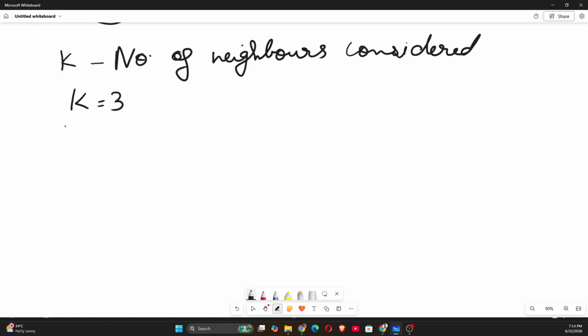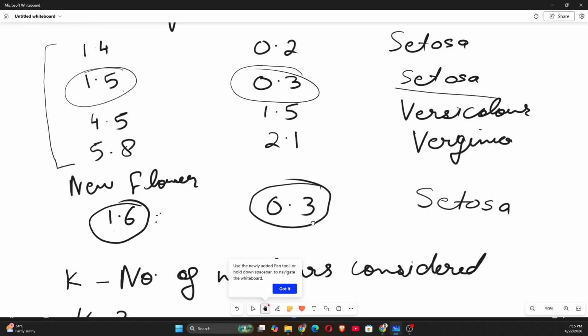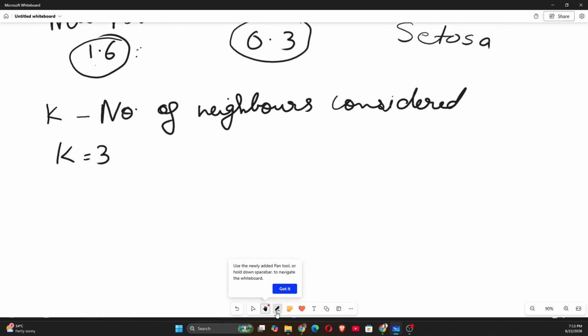If we take k equal to 3, then that would mean you will be taking the 3 nearest, closest values.